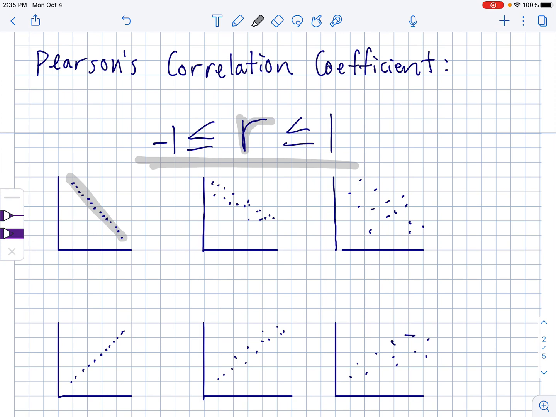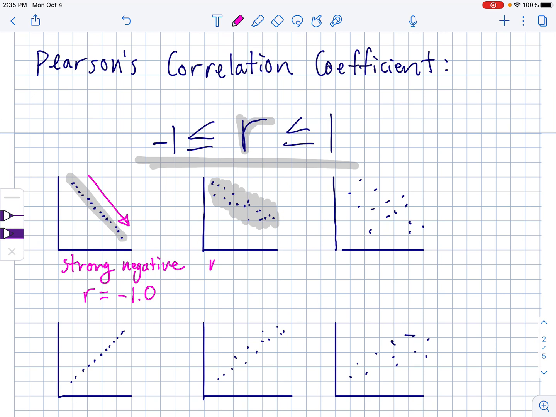So with this first example here, this is a very strong correlation, but it's also negative. So I would say this is a strong negative. If you were to look at the Pearson's for this, it would be r equal to -1.0 because it's going downhill and it's very nicely correlated.